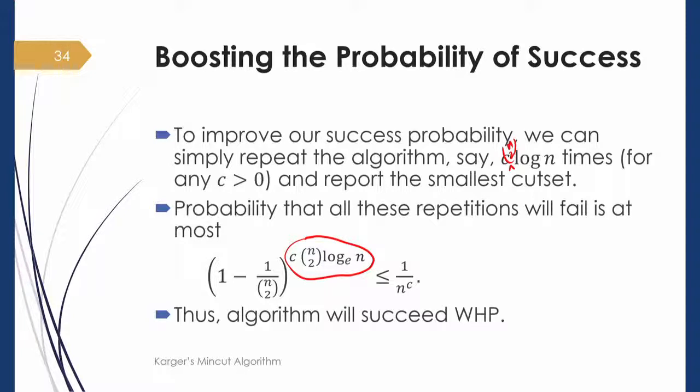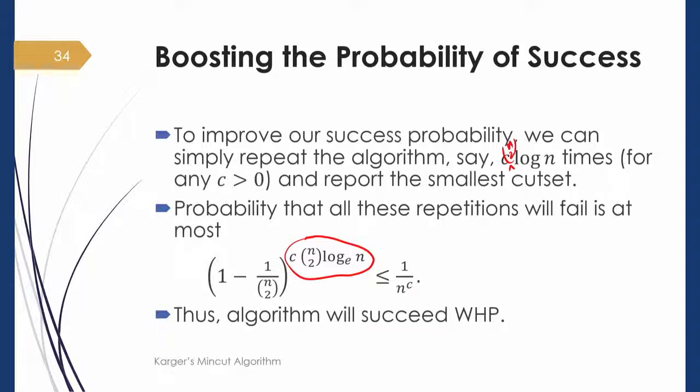So now the probability that all of these repetitions will fail is going to be 1 minus 1 over n choose 2, the whole raised to c times n choose 2 times log base e of n.